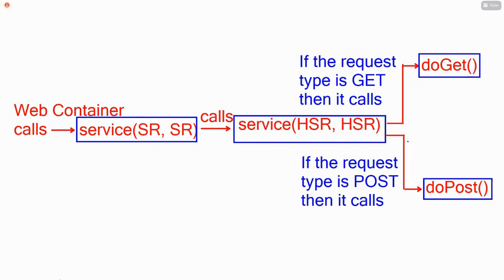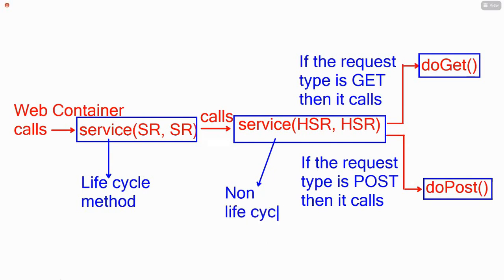The web container calls the lifecycle service method. This is called the lifecycle service. This is the non-lifecycle method. The web container knows only one lifecycle method, that is service.